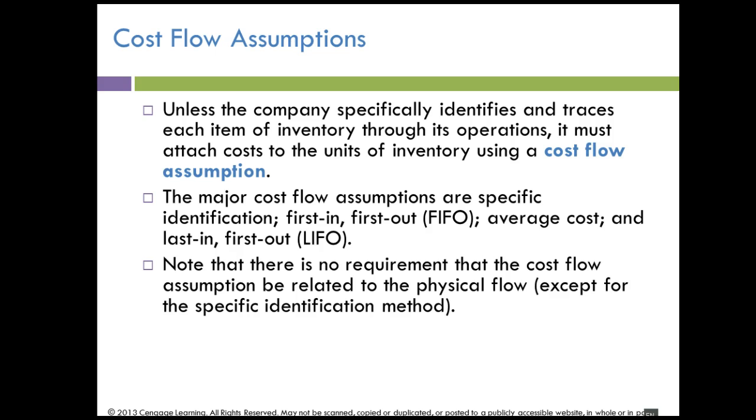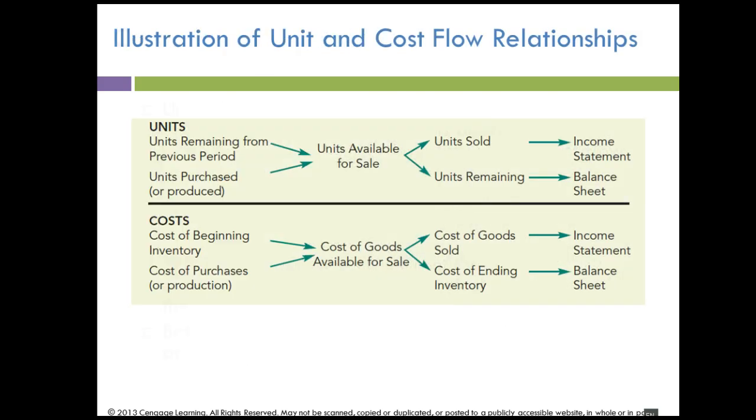Average cost is another method that we will talk about. And then there's also specific identification too. So we know with units, chances are we're always going to try to sell the oldest units in our inventory.